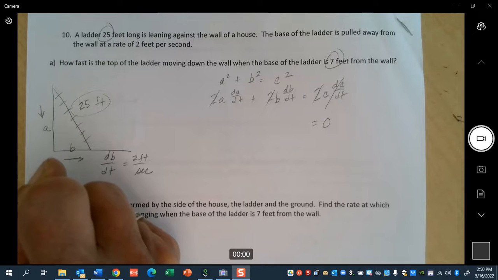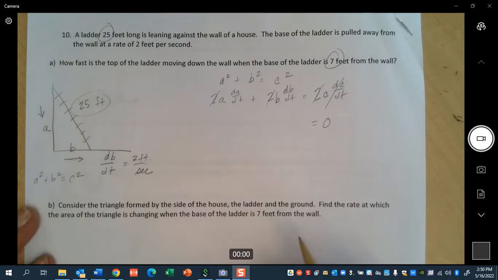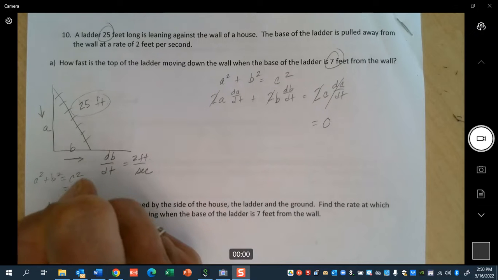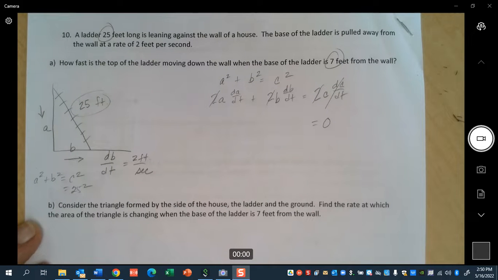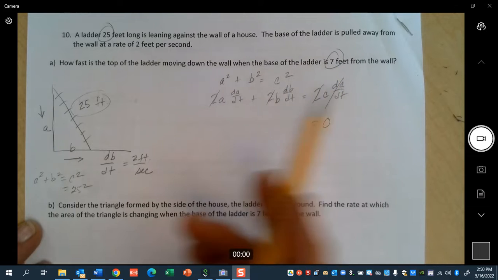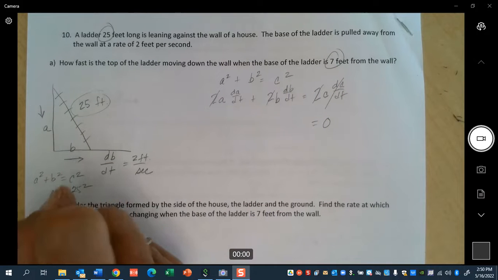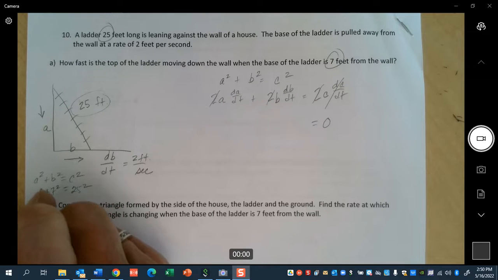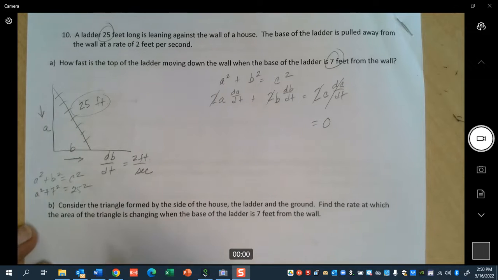You also know that you're going to have to be doing the Pythagorean theorem to figure out the other side. So if you have a squared plus b squared is c squared, my ladder is 25 feet. When the base of the ladder is 7 feet from the wall, so that's going to be 7, you need to solve for your a value.